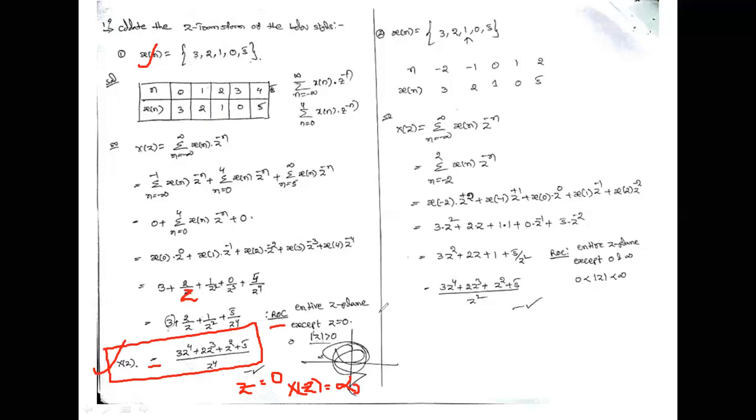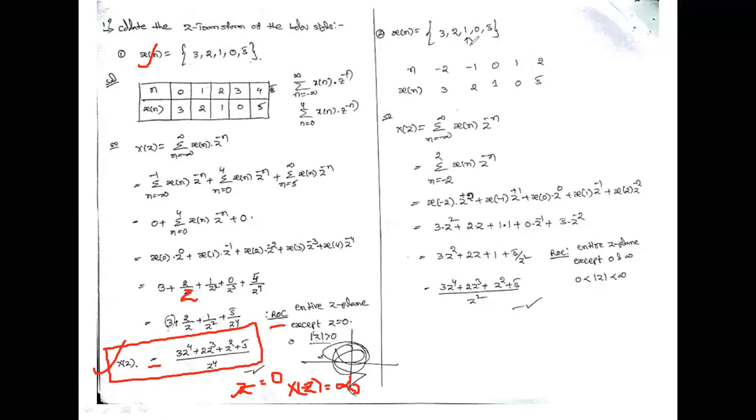Got it, my dear students? And we take this from 0 to infinite only. So always it is a unit circle, but here only z is equal to 0 does not exist, and all the remaining values exist. Got it? The second one: another sequence is there.